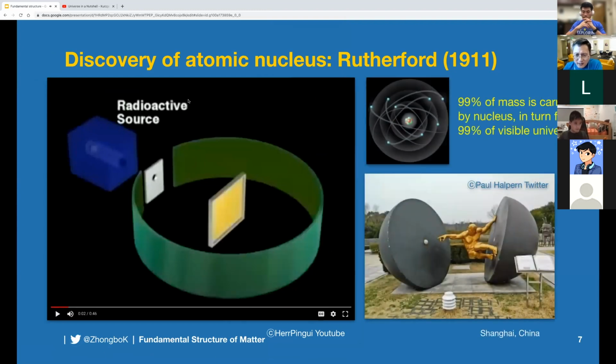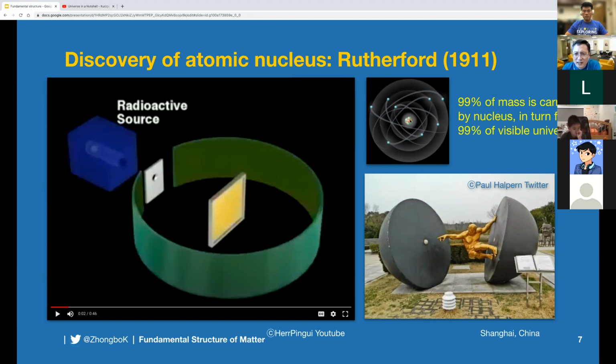So from these experiments, they found there must be something very massive to deflect those alpha particles at a very large angle. They're really massive, yet really small, because the probability that those particles get deflected is really small. Only very few particles get deflected. So whatever is inside these atoms must be very massive, and secondly, really small.